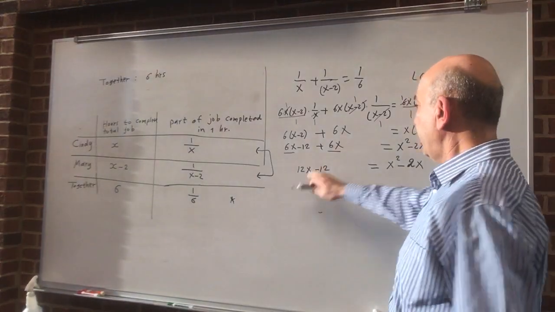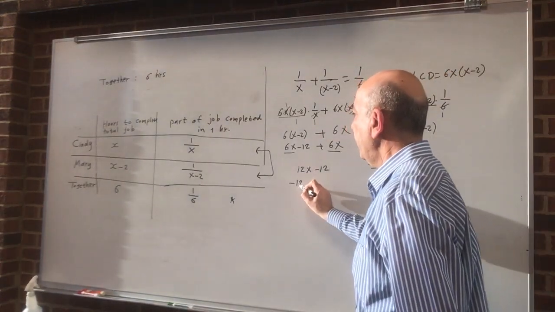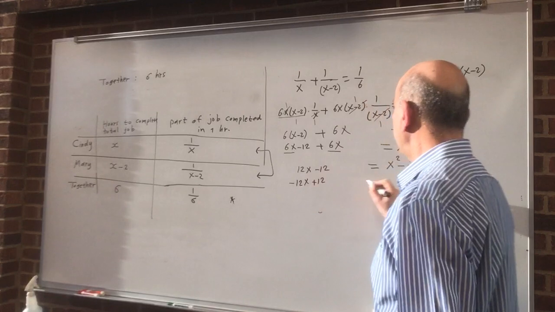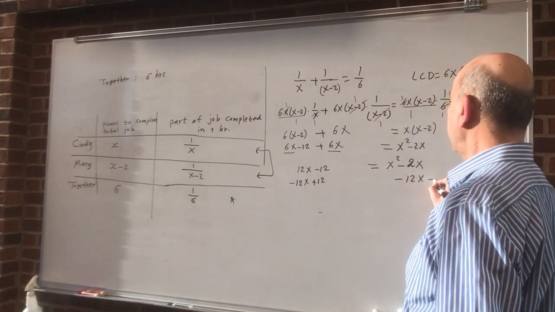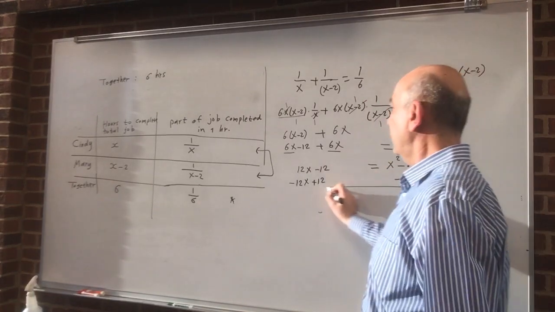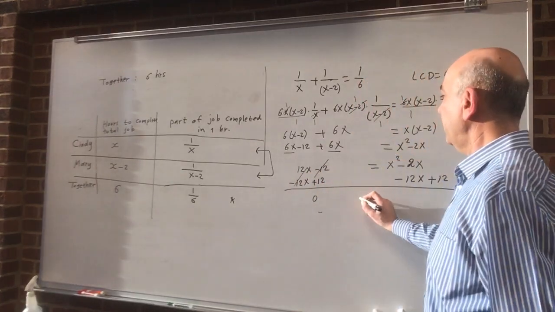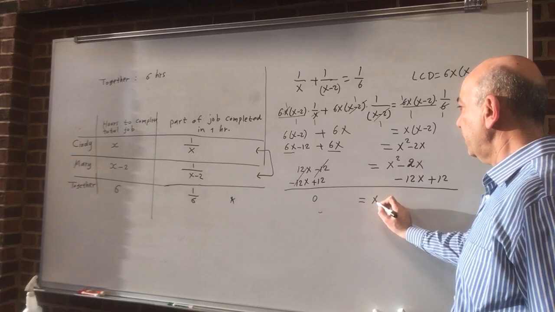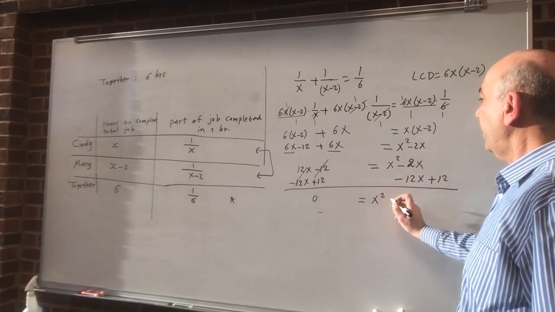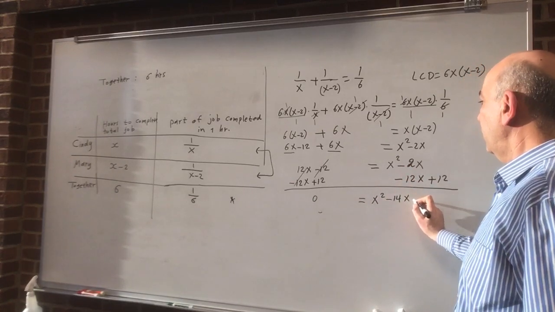Now move these two terms to the other side, so subtract 12x, then add 12. The left-hand side is 0, and the right-hand side is x squared, minus 2 minus 12, negative 14x, plus 12.